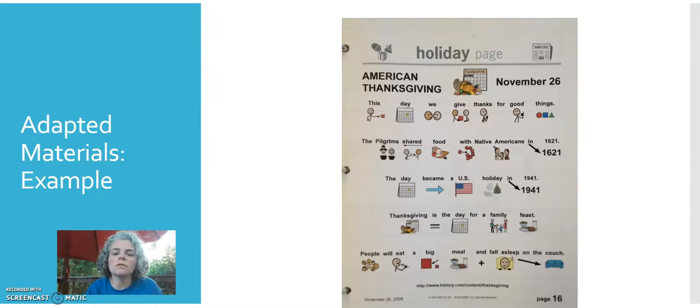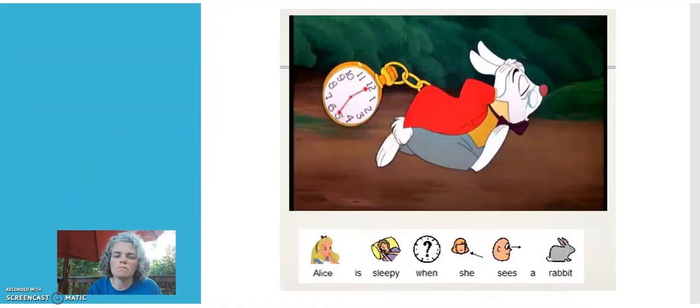And the third level would be something very, very simple, just a few words: Thanksgiving, thanks for good things, pilgrims, Native Americans, U.S. holiday, families, big meal. That would be adapting it. You're changing the difficulty.